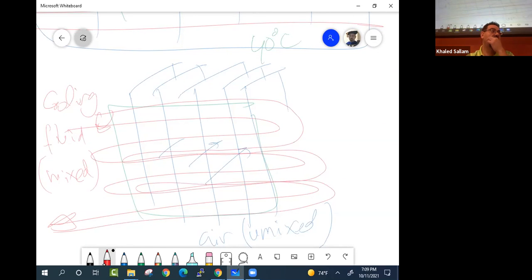Make sense? Why is the water going into a pipe as a bulk? Is that mixed or unmixed? It's mixed with itself. The fluid is mixed with itself. You don't separate the fluid into passages.